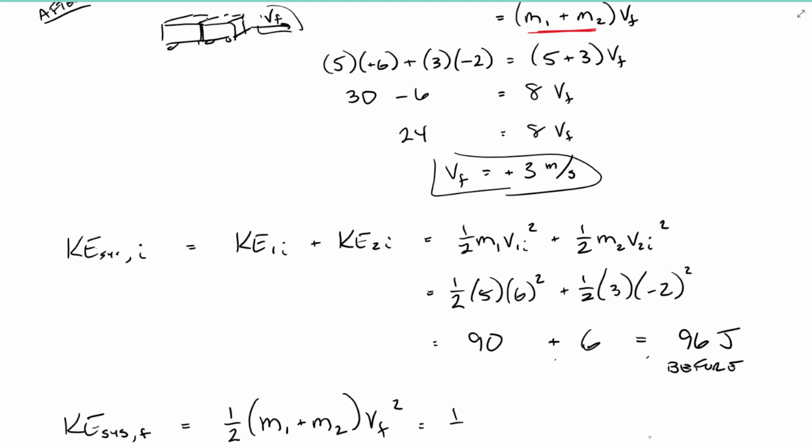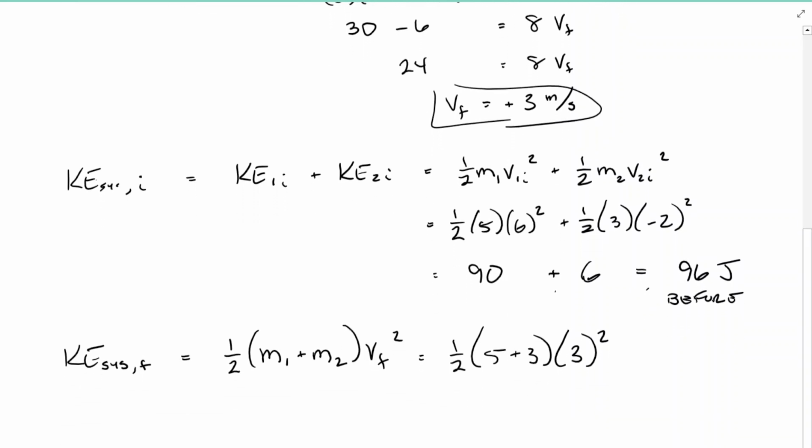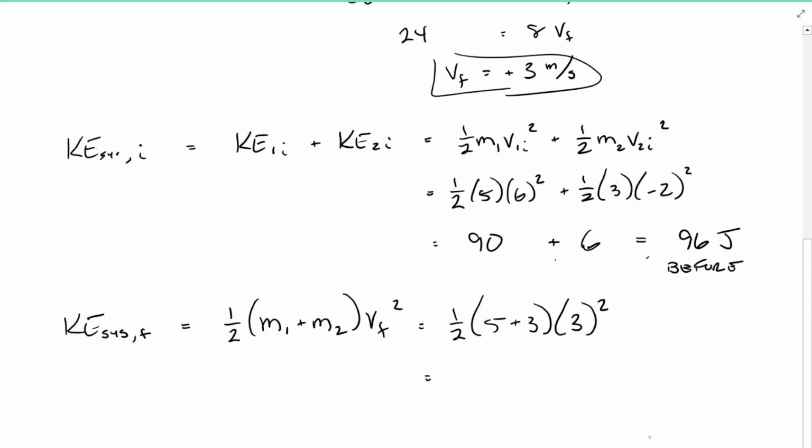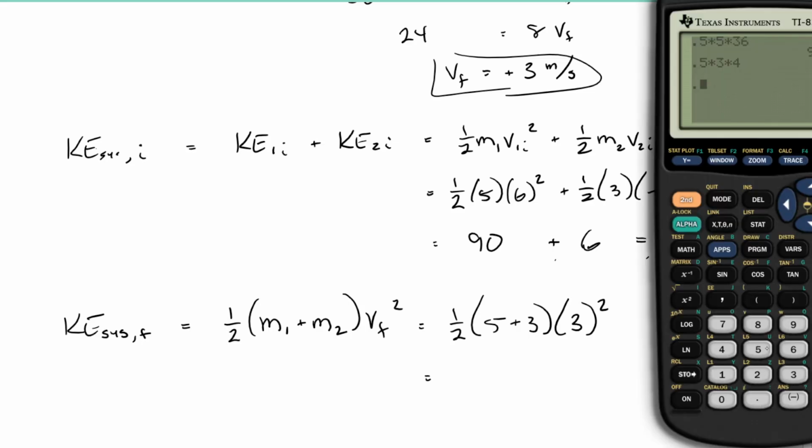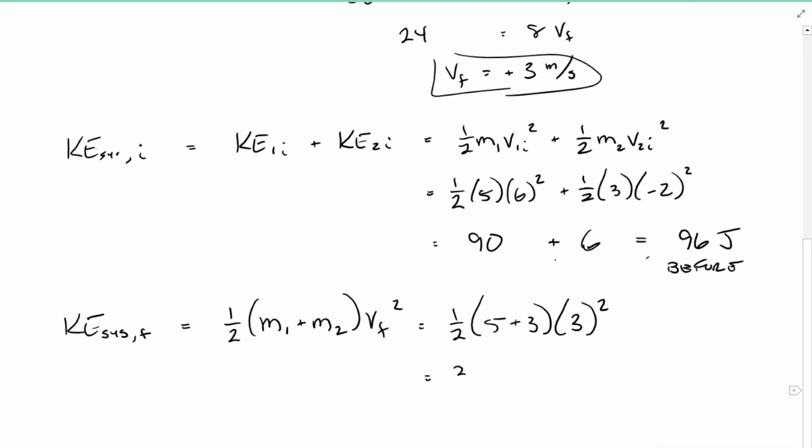If I plug in the values, I have 1/2 of 5 plus 3 moving at 3 meters per second squared, which means I have 0.5 times 8 times 9, and I have 36 joules of energy after.